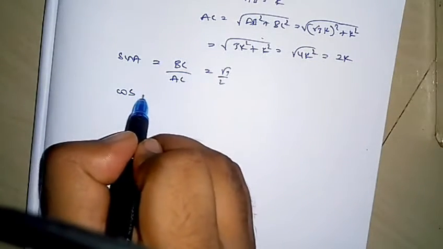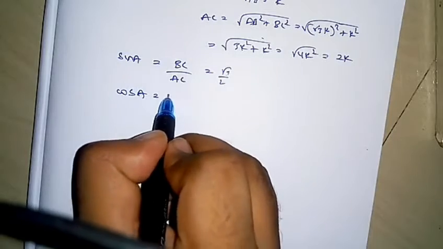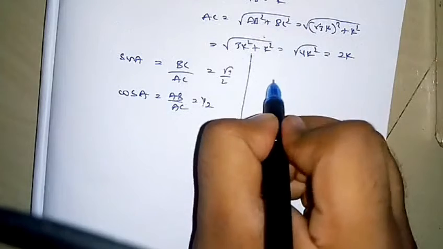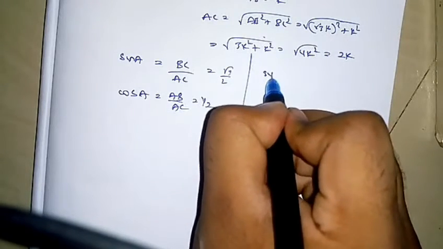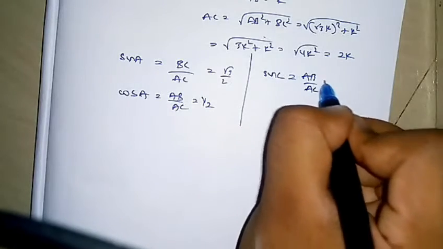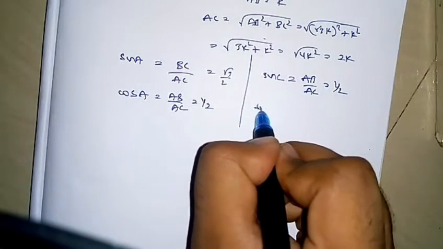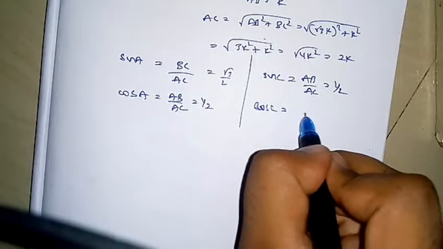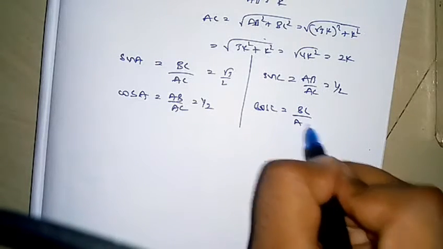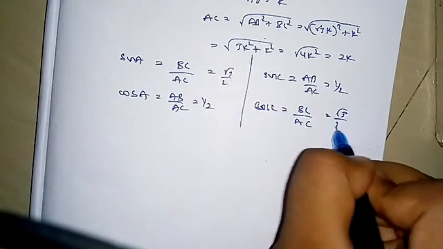Cos A will be equal to AB by AC, which will be equal to 1 by 2, and sin C will be equal to opposite side AB by hypotenuse AC, which will be equal to 1 by 2, and cos C will be equal to adjacent side BC by AC is equal to root 3 by 2.